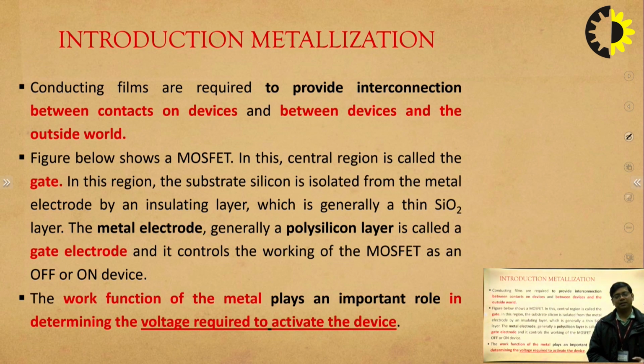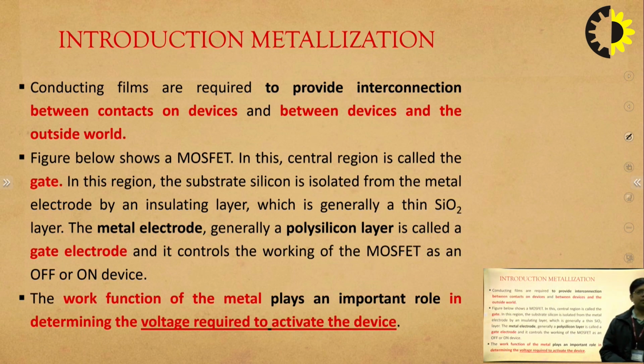As we know that our VLSI chips consist of millions of transistors, and all those transistors need to be interconnected with the help of a conducting layer. So for interconnection of different transistors on an IC, we have to use metallization.